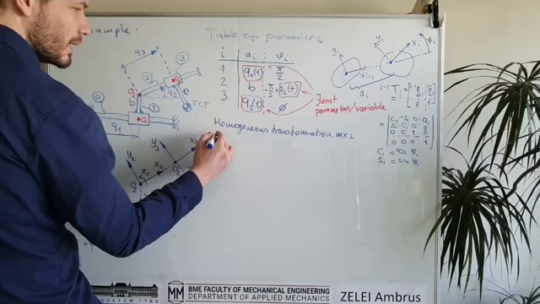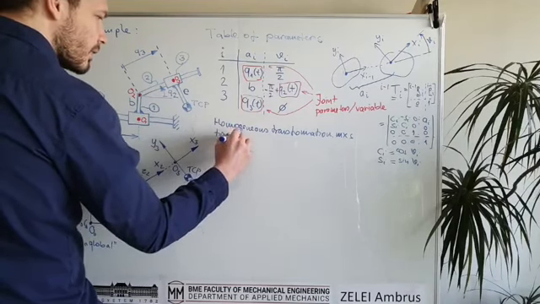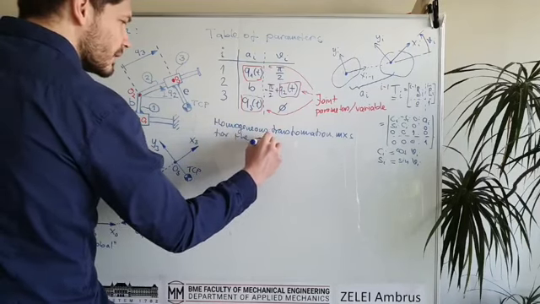Homogeneous transformation matrices for the neighboring links.